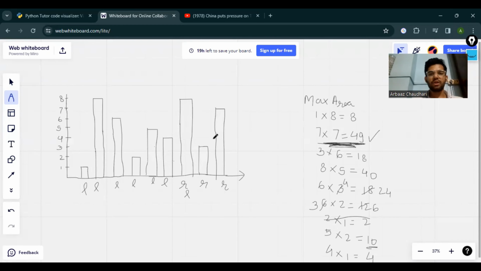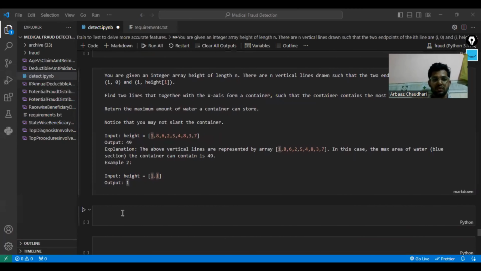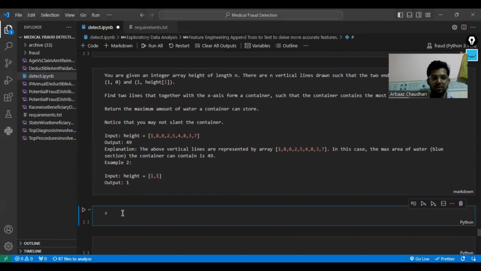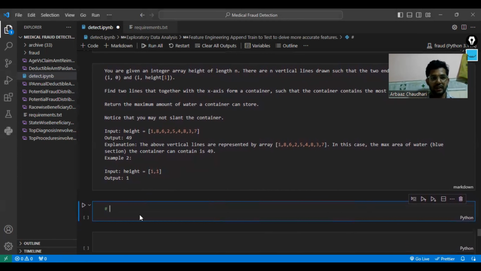So this is the algorithm which we have to write in a Python program. So let's write the code for the problem I discussed.